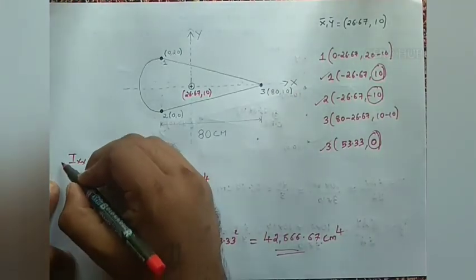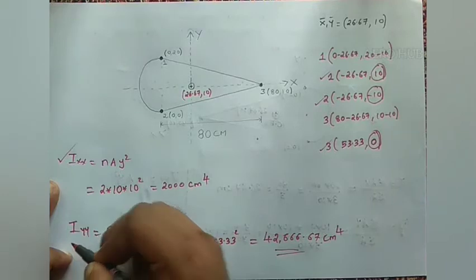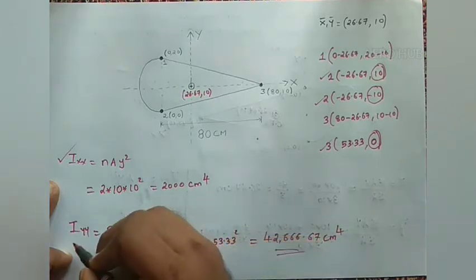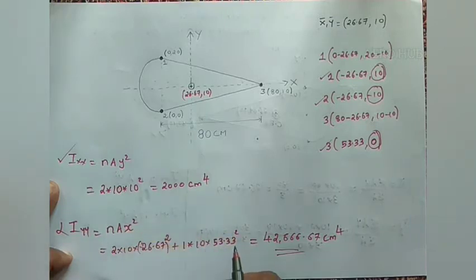So in the upcoming calculations, we no need to use the value of Iyy because we have a horizontal axis symmetry. If the section is symmetric about y-axis, I have to use Iyy instead of Ixx.